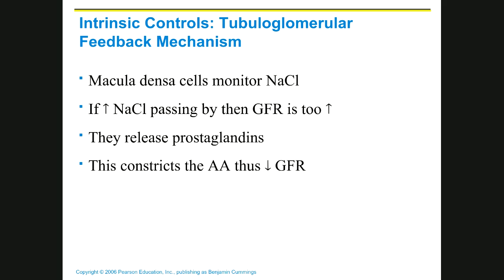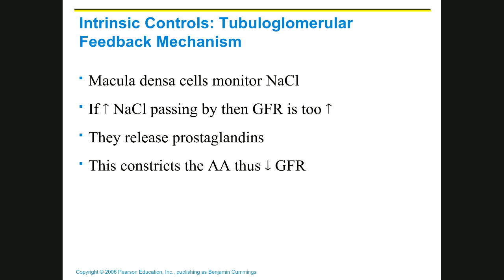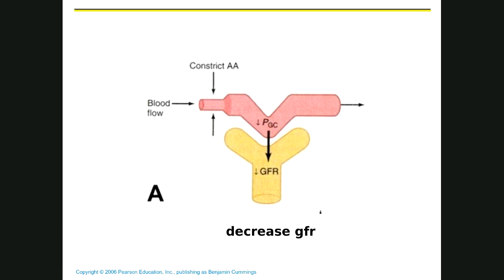And then I want to adjust the GFR. So if it's too low, I need to do something to make it go back up. And so I do vasoconstriction of the afferent arteriole. And that, sorry, let's go back. If it's too high, I need to make it go down. And so I'm going to do something to vasoconstrict the afferent arteriole, which is going to decrease GFR.